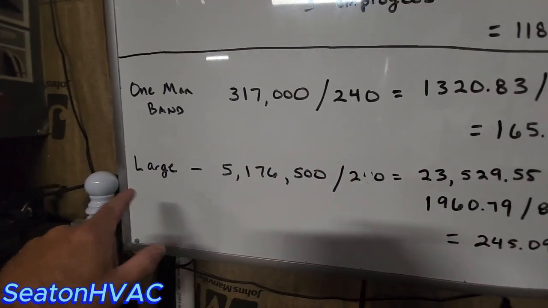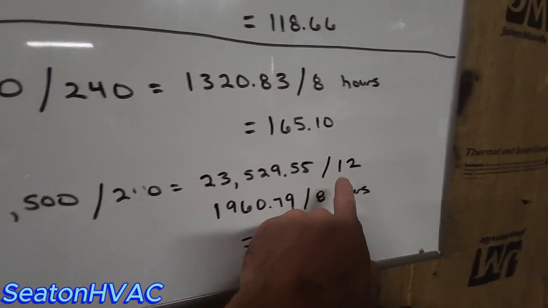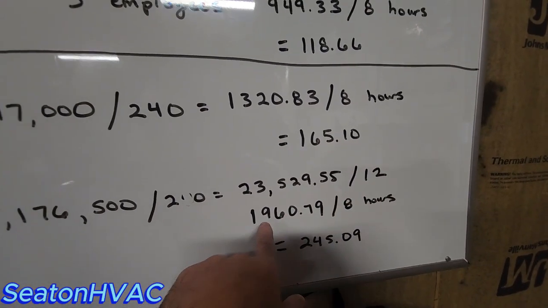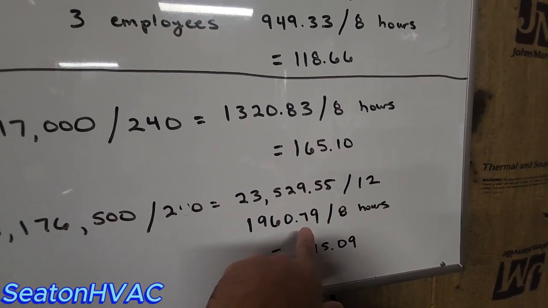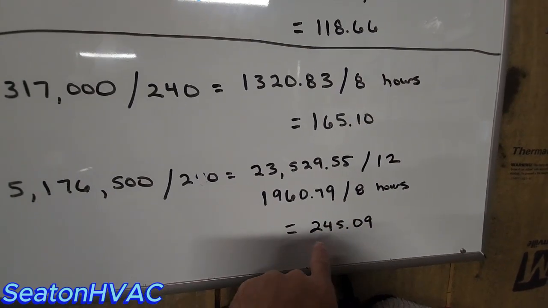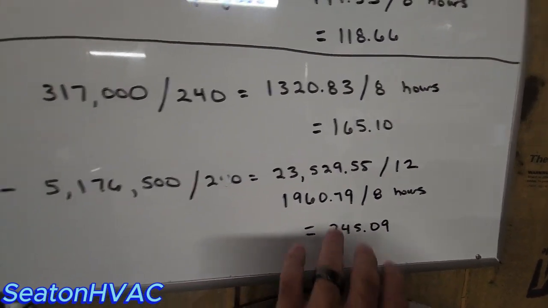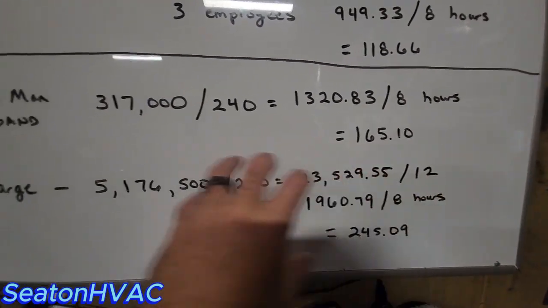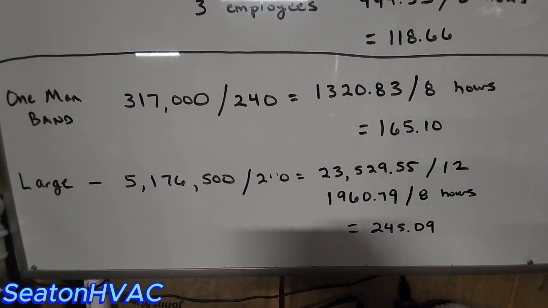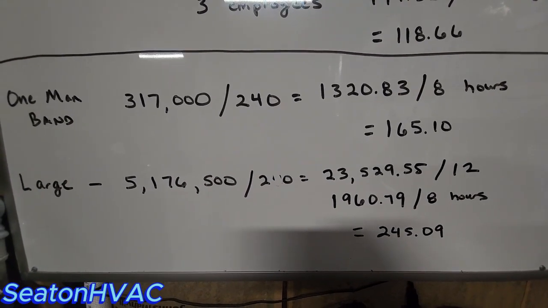That's not really a large company, but larger, okay? So divide that by 12 guys. That'd be 1960.79. Divide that by 8 hours. So that'd be 245.09 per man hour. So this would not be a very successful company if that's how they were structured.